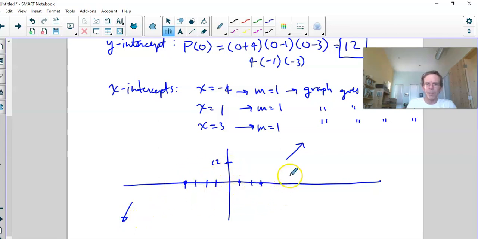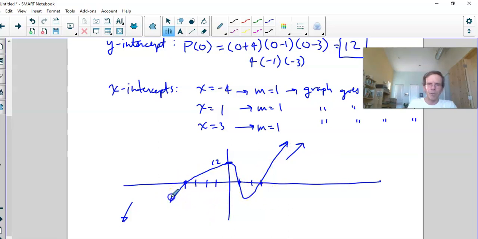And it's got to snake through all the intercepts, because the graph goes through all these intercepts because we have multiplicity 1. So it must come up through this intercept, through the y-intercept, back down through the next x-intercept, and then up and off to infinity, right?